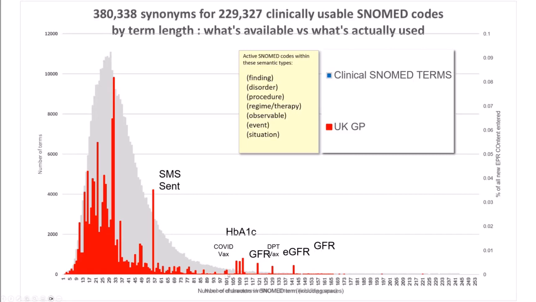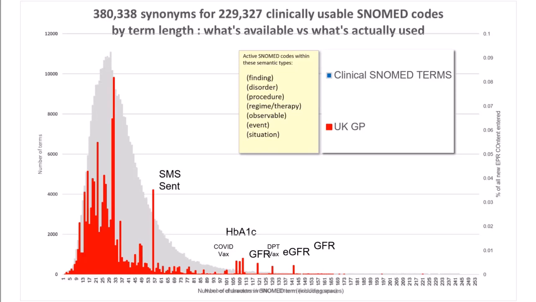It sits out of this length here because in actual SNOMED it's fully spelt out as coronavirus vaccination and all the rest of it. So those bars on the right hand side are outliers because they're more commonly accessed using much shorter synonyms.